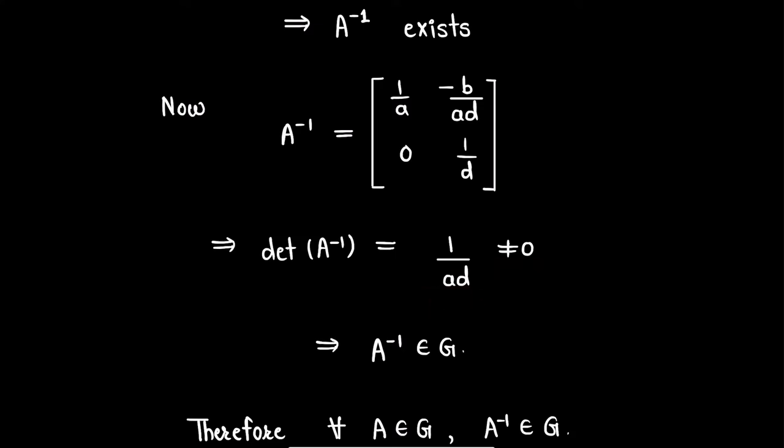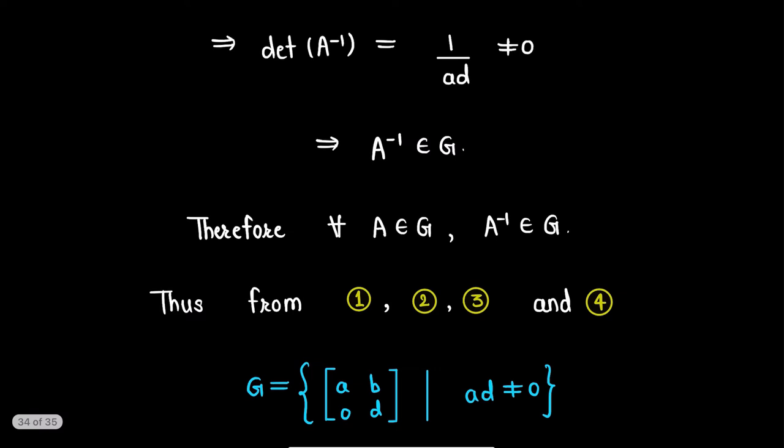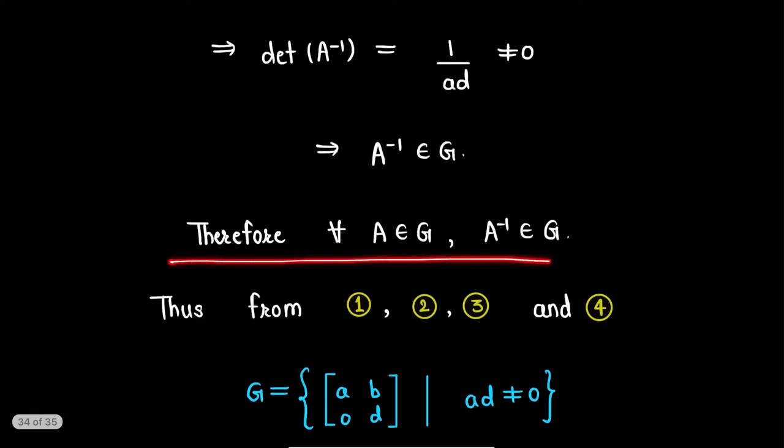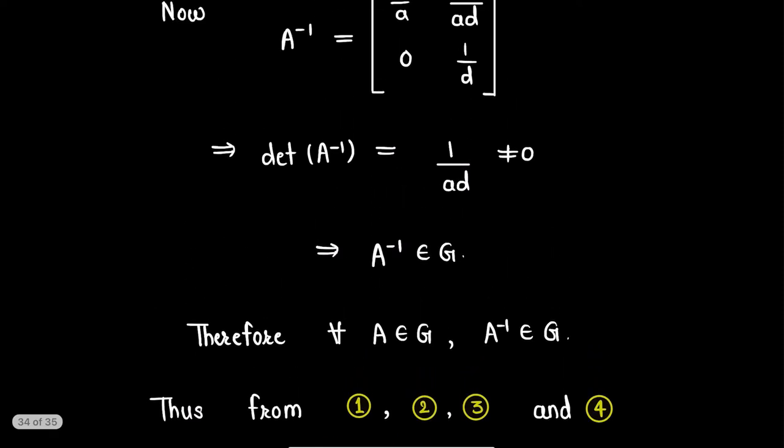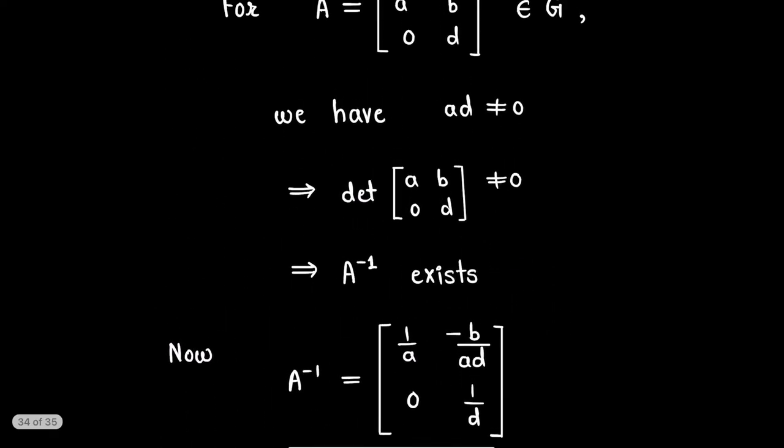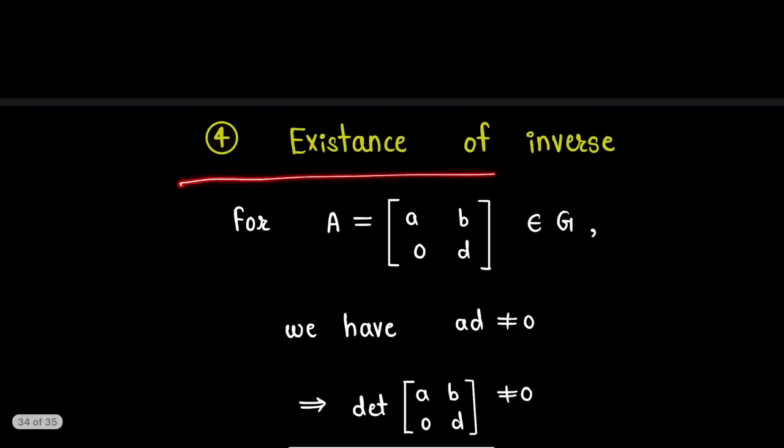Thus, for the given matrix A in set G, A inverse is again a matrix in set G. Therefore, for all matrices A in set G, their inverses are again in set G. Thus, the existence of inverse property also holds.